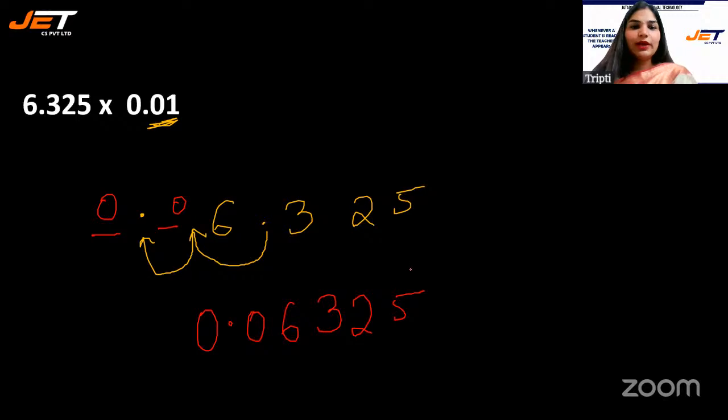Let's do the next one. 6.325 times 0.001. Three decimal places. So I will shift the decimal three places to the left. 6.325.